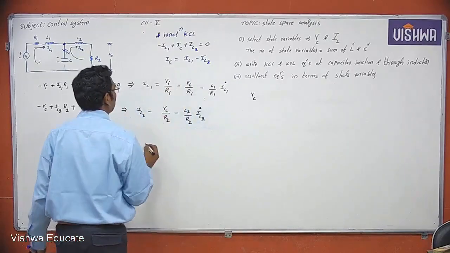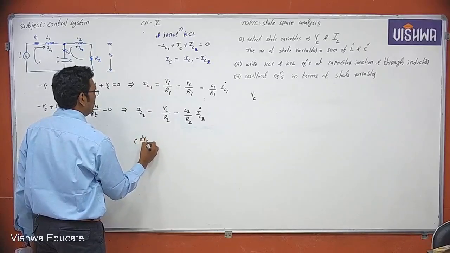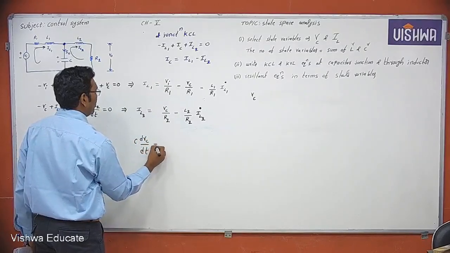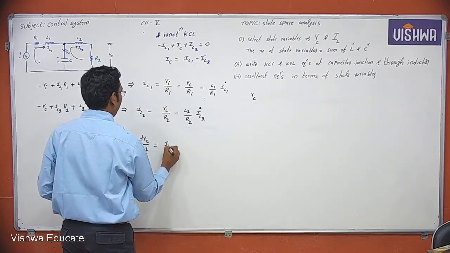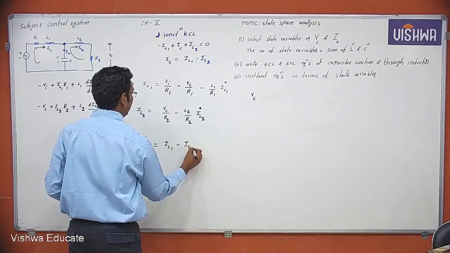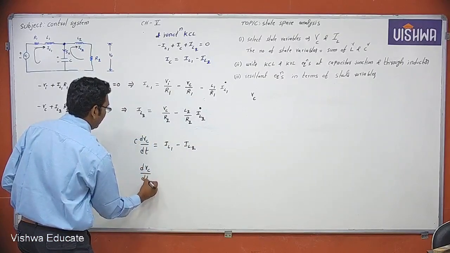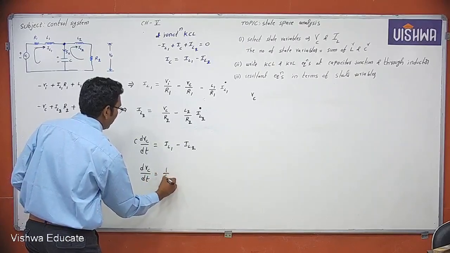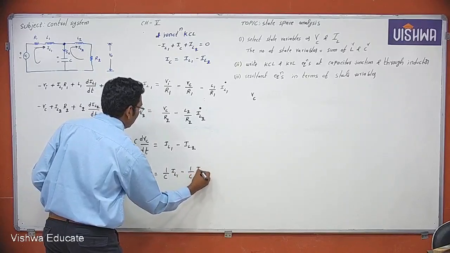Now here Ic is nothing but C into dVc by dt, which is equal to IL1 minus IL2. So dVc by dt is equal to 1 by C into IL1 minus 1 by C into IL2.